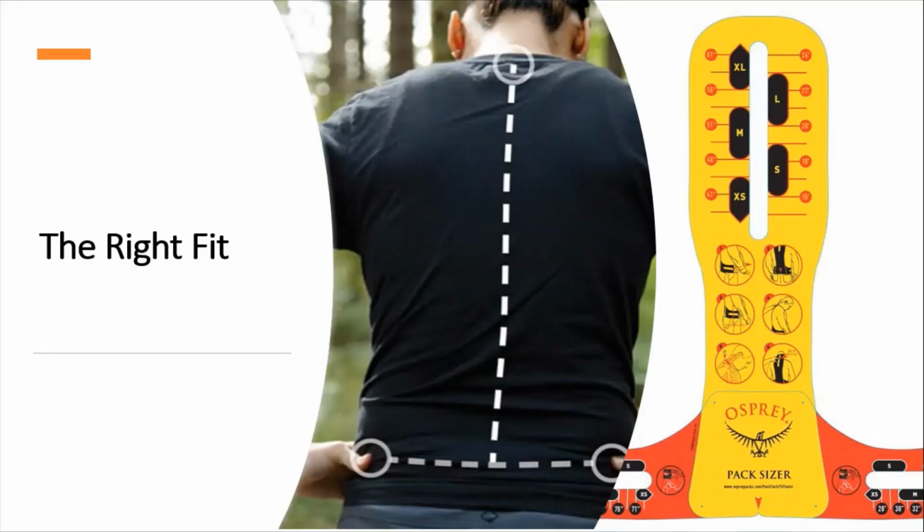So those packs really help. It's also important to note that most manufacturers make women-specific packs that are shaped differently at the hips and chest as well. So often they'll come in different torso sizes, but they will also have a slimmer padding around the harness and a different curvature to the hip belt.